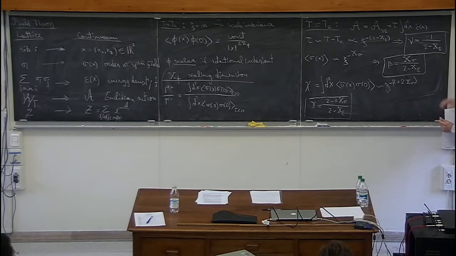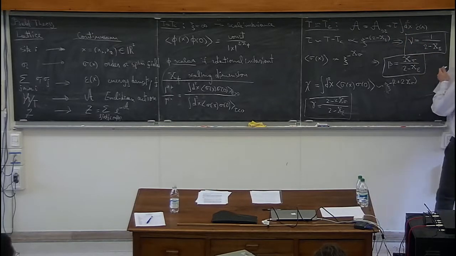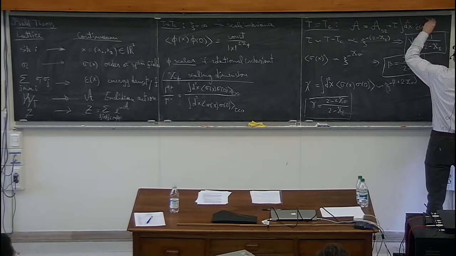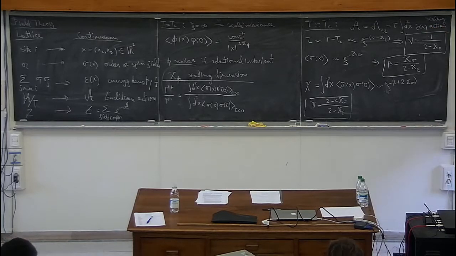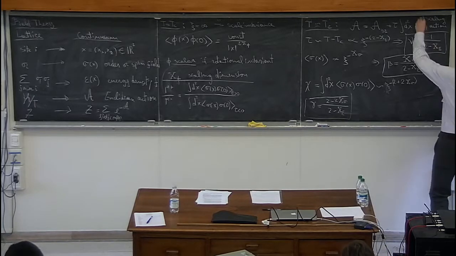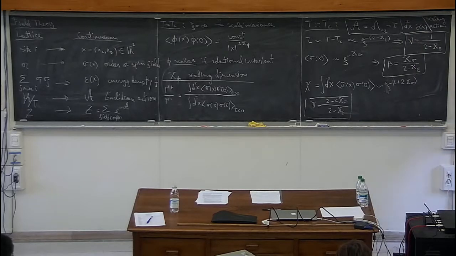By the way, let me give a name to this action. This is normally called the scaling action, and it determines, in the way I've just illustrated with examples, the universal properties of the system.